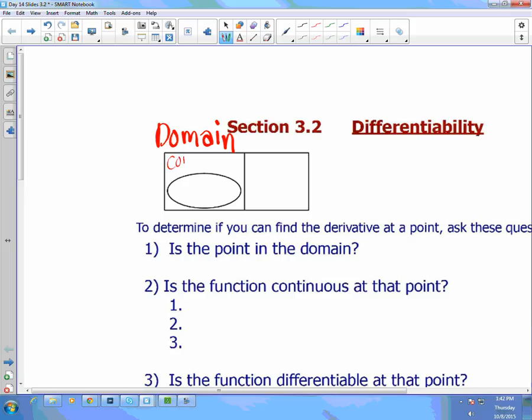So we're talking about continuity and differentiability. If both of those check off, that the domain is continuous and every point along the domain is differentiable, then that means we can take the derivative. Versus, if that doesn't happen, then we probably have non-continuous points.